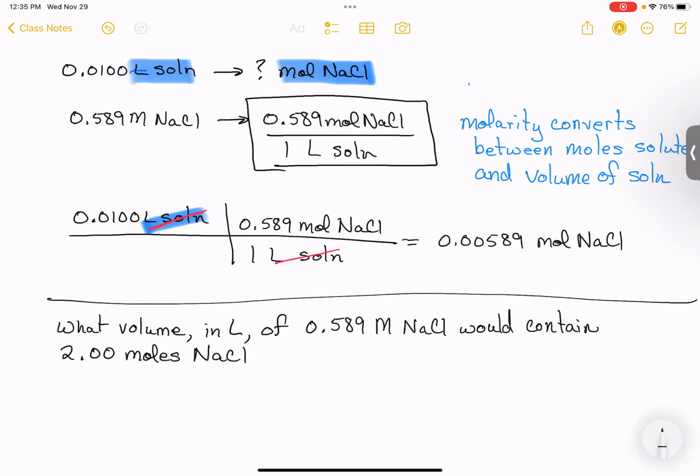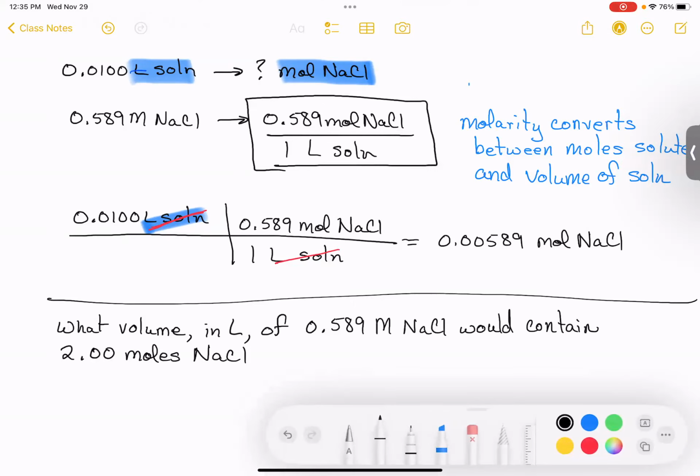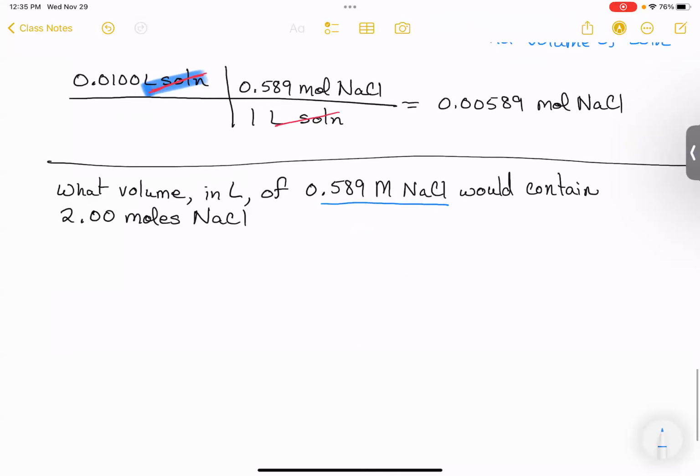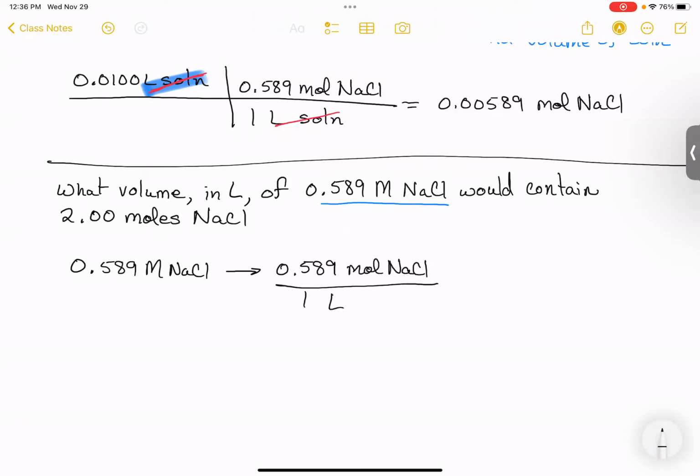Again, I'm identifying what I've been given. I have been given a molarity here, 0.589 molar NaCl, which I am going to immediately rewrite to be 0.589 moles of NaCl per 1 liter of solution.